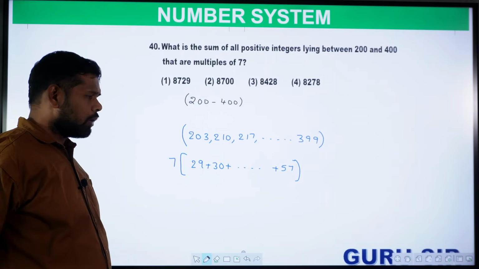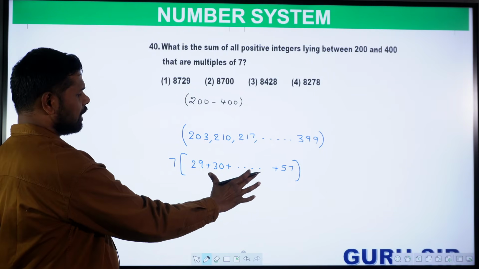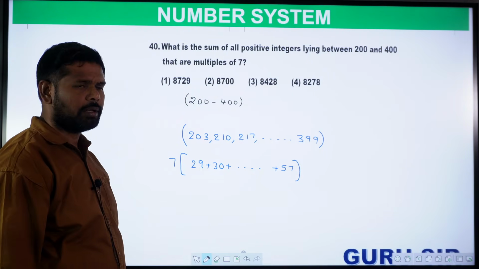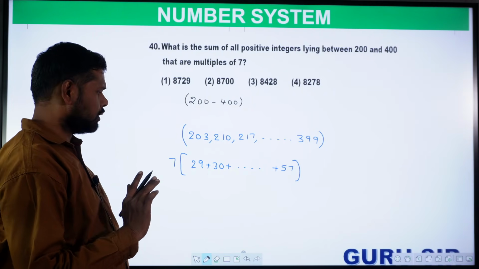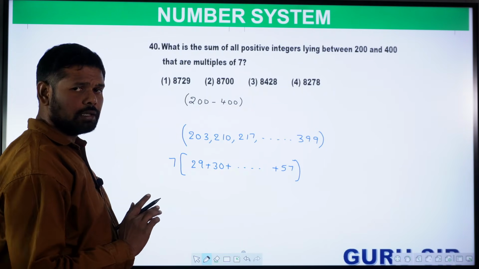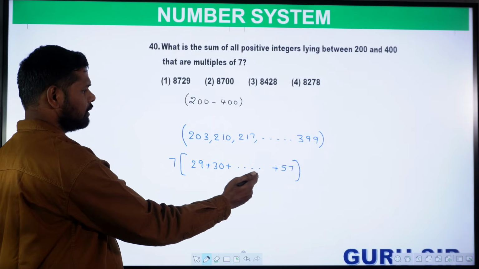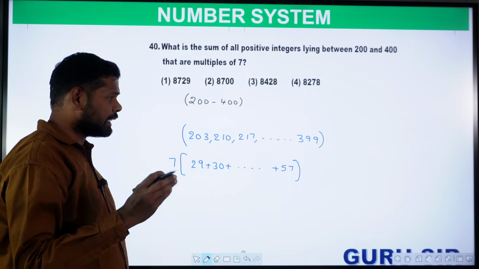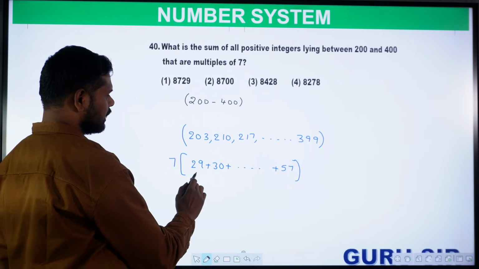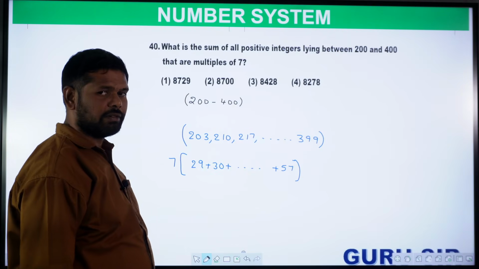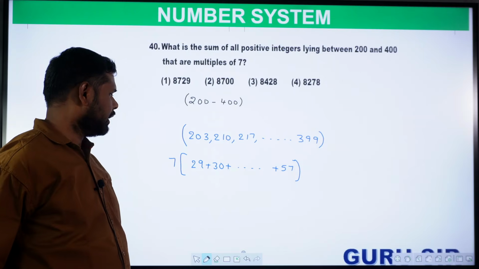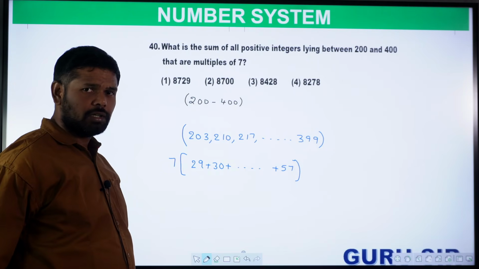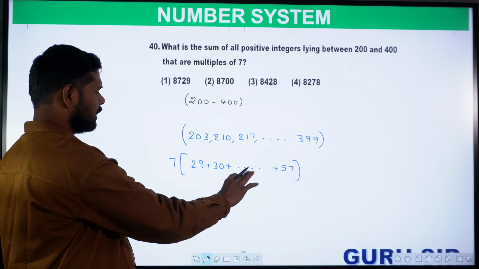It is the sum of 1 to 57 minus the sum of 1 to 28. That is also one option, no doubt. So 7 into 29 up to 7 into 57, and the total number of terms is 57 minus 28, that is 29 terms.